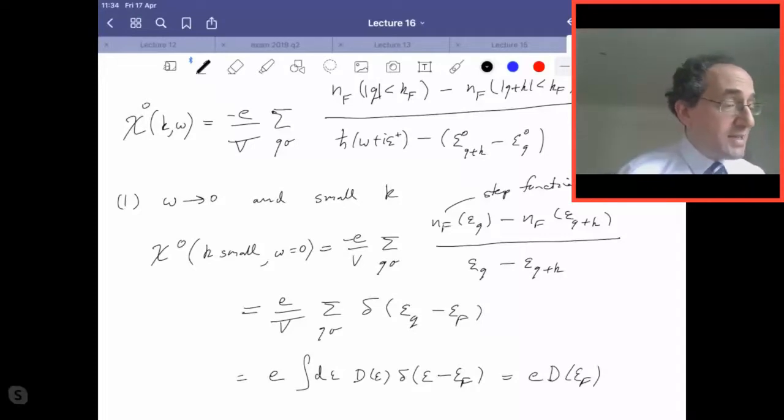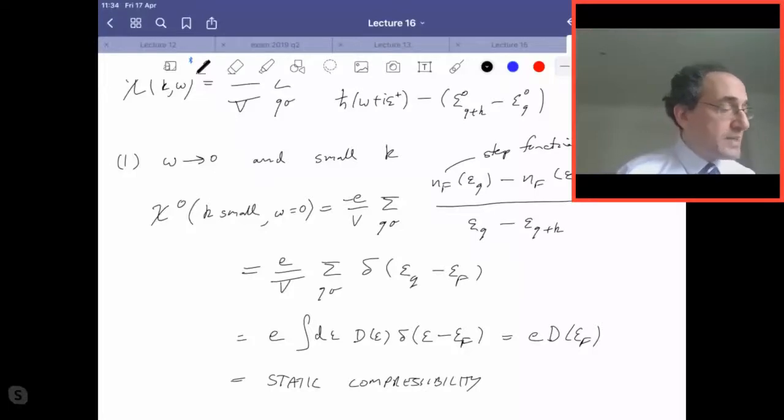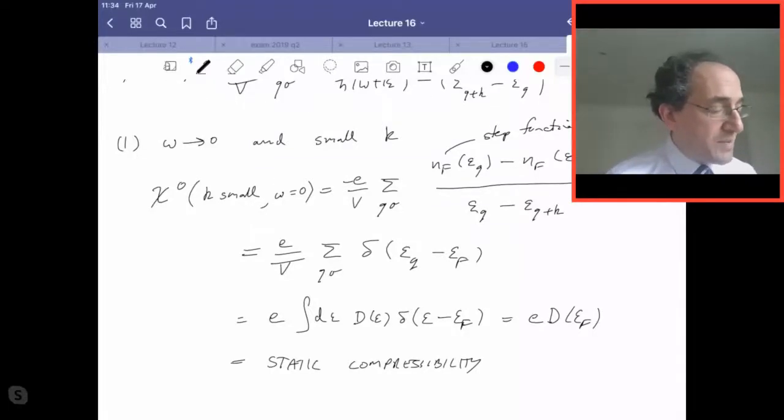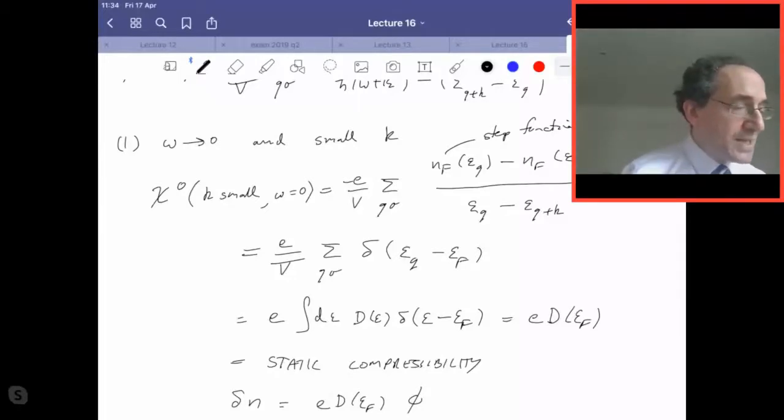And that's exactly the static compressibility of non-interacting electrons, which we calculated previously. You'll recall that we had this expression: dN is the density of states at the Fermi surface times the applied potential, calculated yesterday.